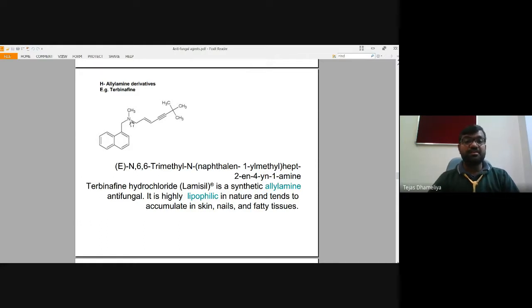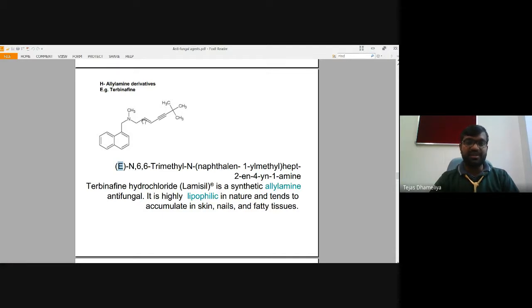So this is a component called allylamine. The allylamine derivative is basically terbinafine, which possesses tertiary butyl, naphthyl, and amine components. This is the IUPAC name of the same, where the double bond possesses E geometry.